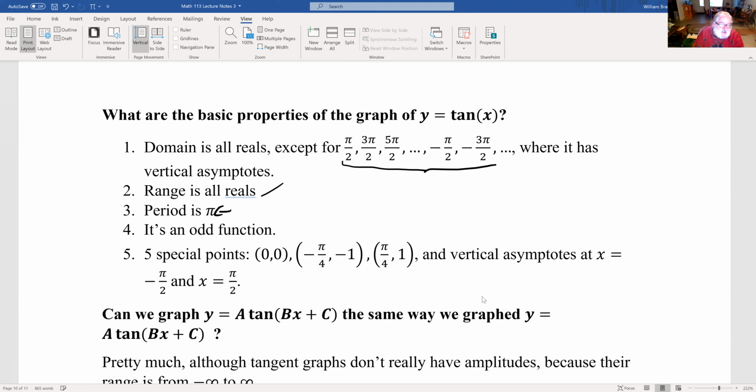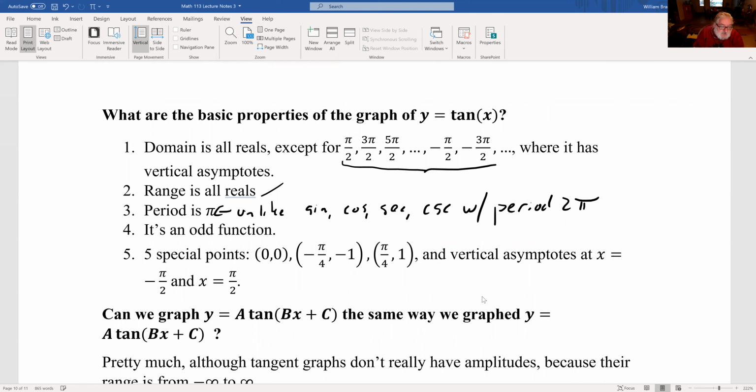Period is pi, unlike sine, cosine, secant, cosecant, which all have period 2 pi. It's an odd function, and there are these 5 special points, including these 2 asymptotes.